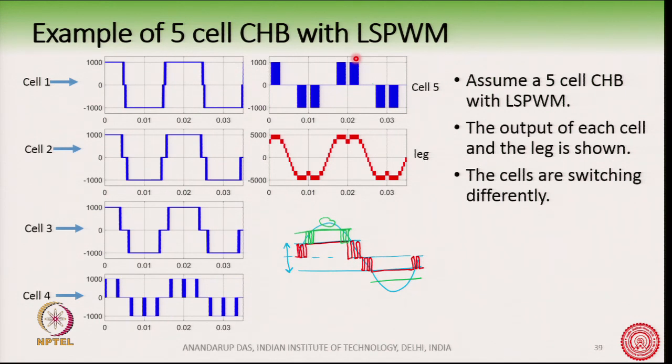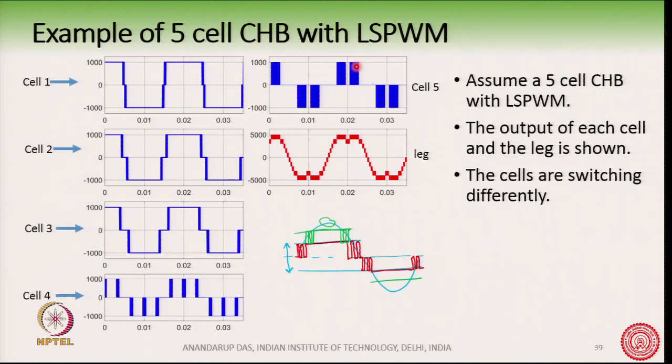For example, cell 5 can be asked to produce this waveform and cell 1 can be asked to produce this waveform. It does not matter how their patterns are getting interchanged, because ultimately the output voltage does not change, because it is a series connection of cells.